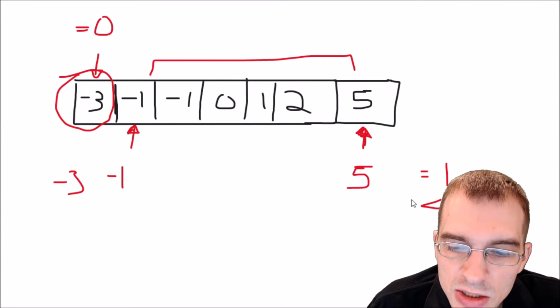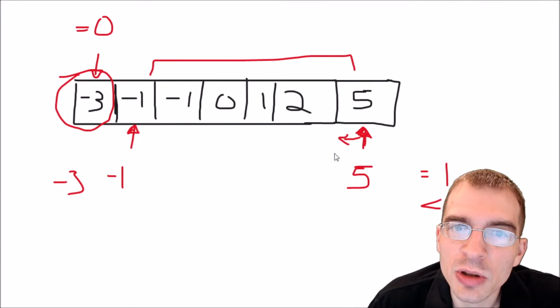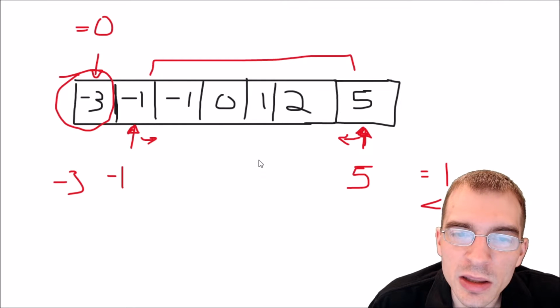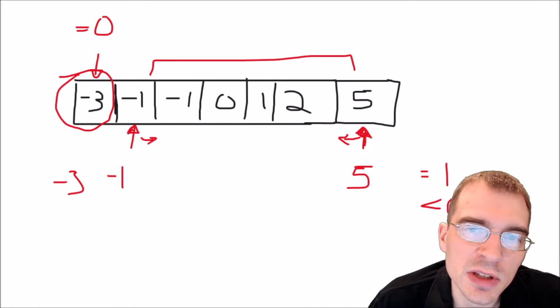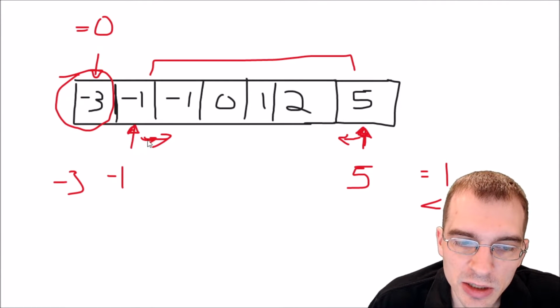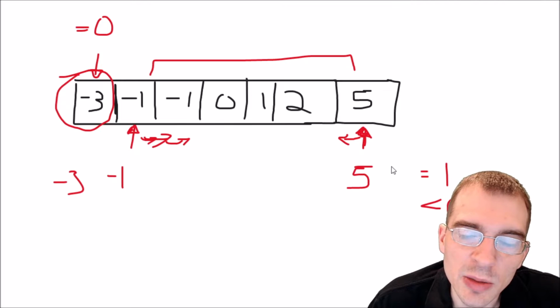In this case, since the sum here is larger than 0, we want to move one of these pointers, either this one to the left or this one to the right, in a way that will potentially shift this to being equal to 0. If we move this one to the right, since we're in sorted order here, this can only increase our number. Since we're bigger than 0, we don't want to increase the number. We want to decrease the number, so maybe we get a sum that is going to be equal to 0.